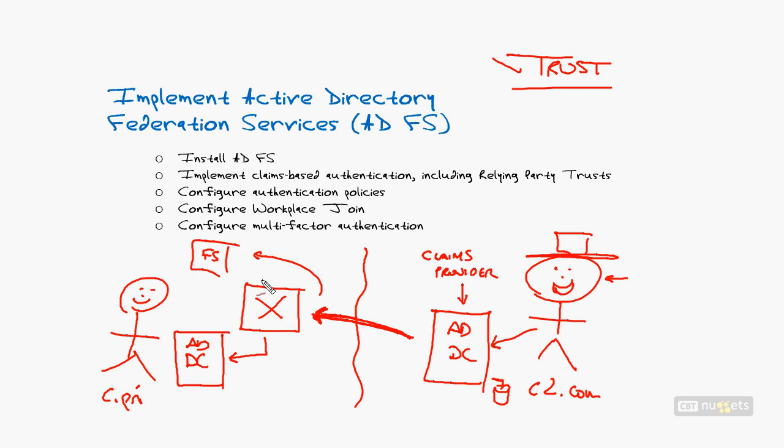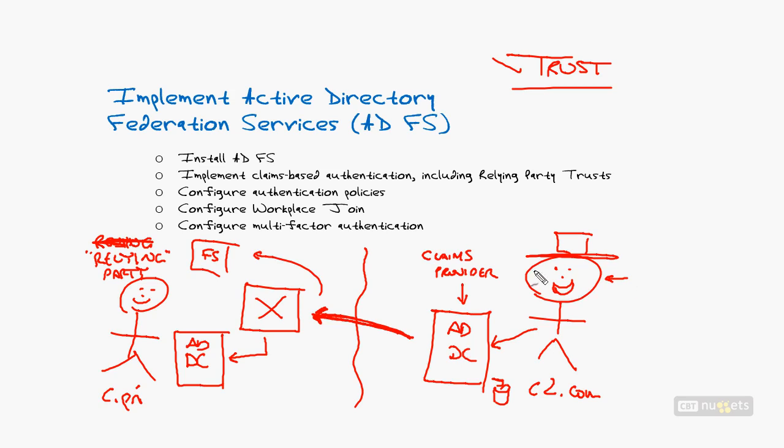This Federation server over on my side is what we think of as a relying party. And the relying party in this case is really just the application that I'm interested in federating. This relying party is relying, quote unquote, on the claims that are being delivered here from this alternate location.